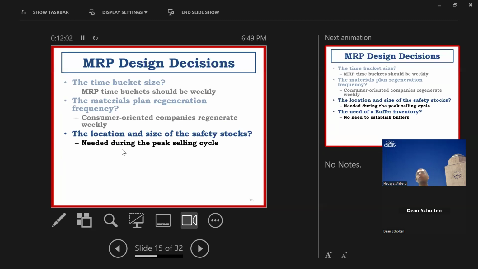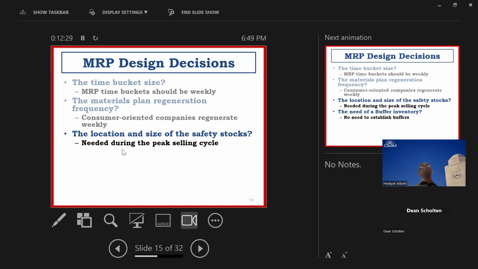Safety stock, we talked about that. It's just for items that are critical for the company, items that have variable lead time. Items that have uncertain demand and uncertain lead time, or both, demand during lead time. If that's the case, then you have to keep safety stock.